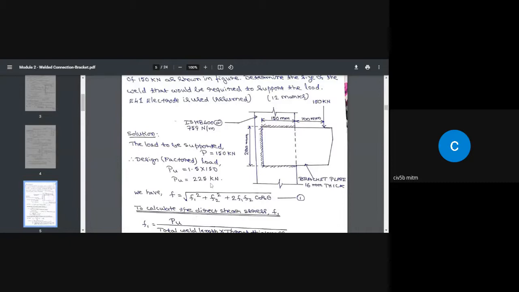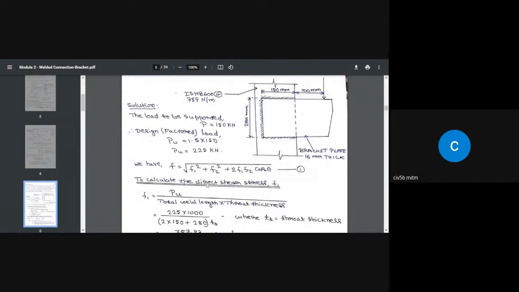So we have to design the weld for the design load of 225 kilonewton. Is it clear to you? So again, this is a formula we are going to make use of. First thing I am going to do is find out F1, to calculate the direct shear stress F1. Direct shear stress is going to be equal throughout the length of the weld.